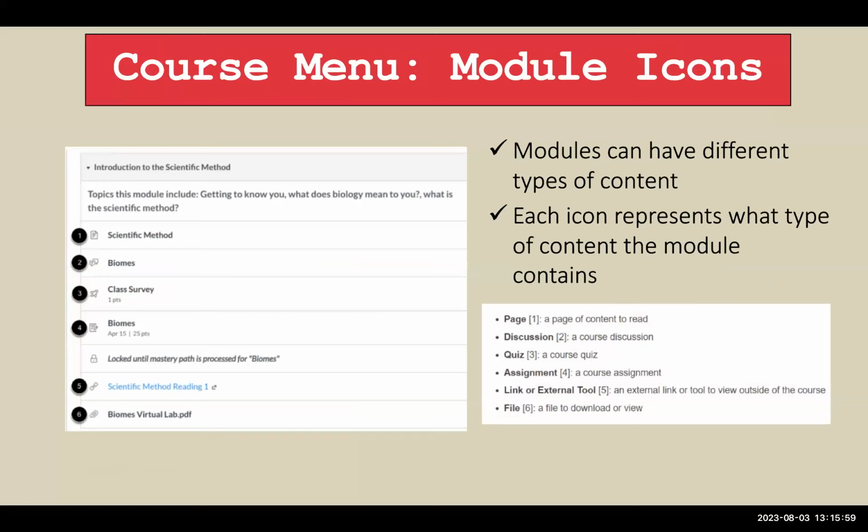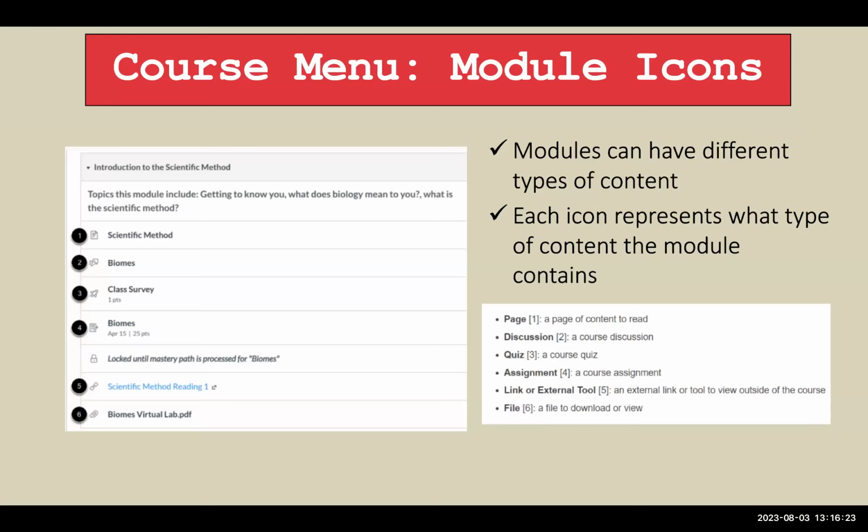Okay, so now we'll go over the module icons. As you can see in the picture here, it has 1, 2, 3. We'll go over each of them and what they mean. The modules can have different types of content. Each icon represents what type of content the module contains.